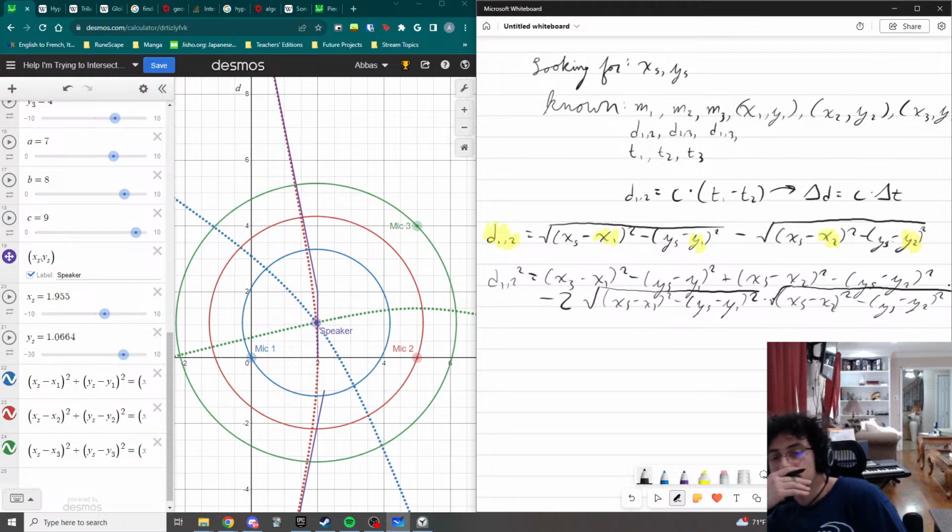All right, so then can I do anything with this? What could I do with this? I mean, I can't isolate ys from here.